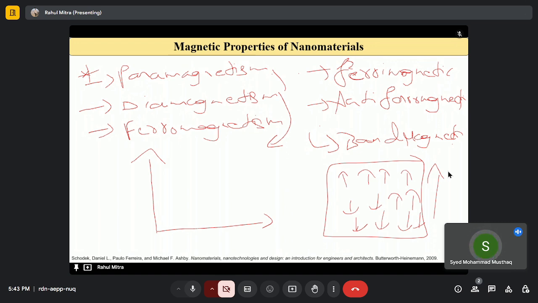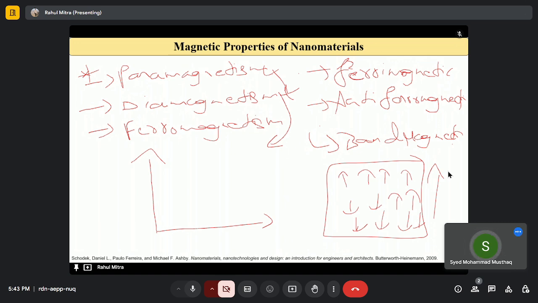In case of diamagnetism it repels the magnetic field. Like these magnetic moments will make sure to align in such a way that they show the opposite response, right? So they don't show a response like paramagnetism. That goes for diamagnetism.